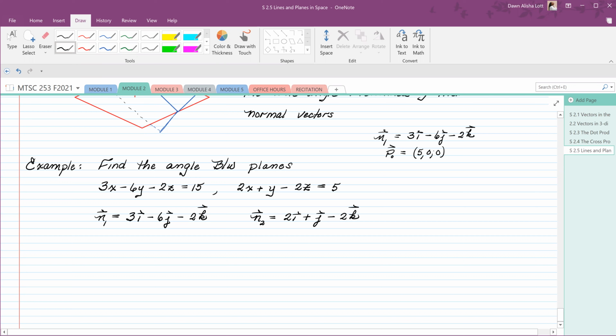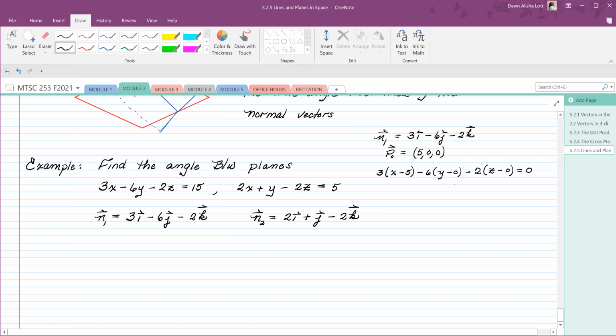So from here, I can find the equation of the plane to be 3 times x minus 5, minus 6 times y minus 0, minus 2 times z minus 0 is equal to 0.